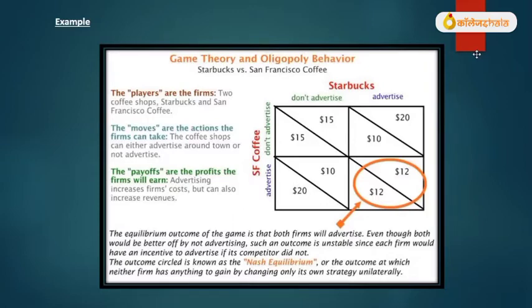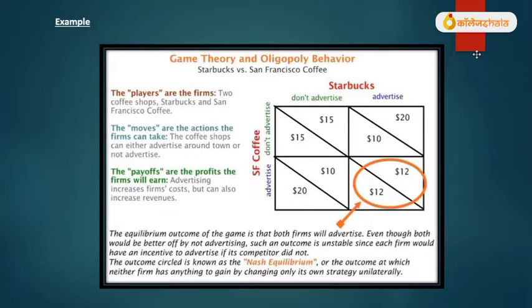So maybe in that case, Starbucks Coffee will have a loss. It will have a $5 unit of loss. But if both of them do advertise, what is happening? Maybe if they didn't advertise, the earning was better, because $15 is always better than $12.